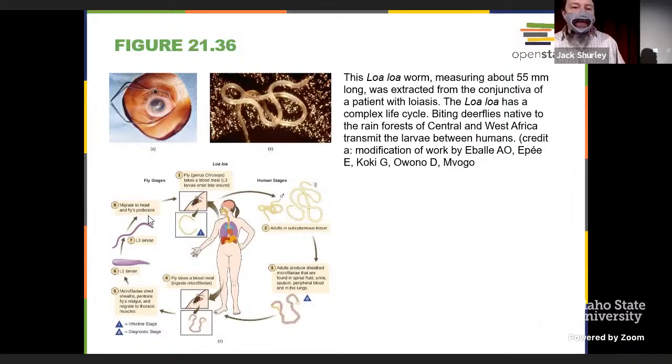So it inoculates within the saliva or the bite of that fly, it inoculates the juvenile stage of the worm. And in turn, here you can see an actual image of the worm within the eye. So that's basically it for these guys as far as thinking about these infections.